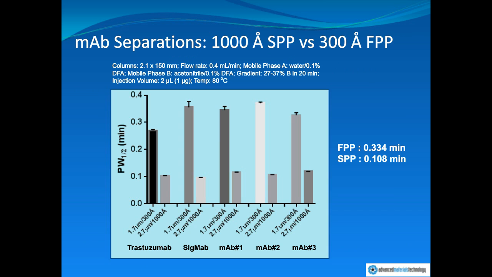When we look at the average peak width, in this case looking at multiple columns injected multiple times to get averages and generate some statistics, and looking at 6 different monoclonal antibodies, what we see is about a 3-fold improvement in peak shape relative to a sub-2 micron fully porous particle. Clearly an improvement in terms of column efficiency and ability to chromatographically resolve intact IgGs.